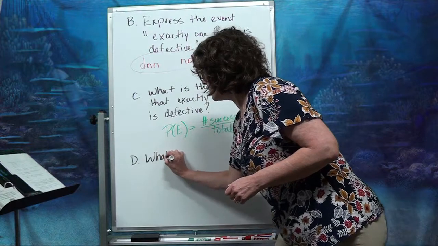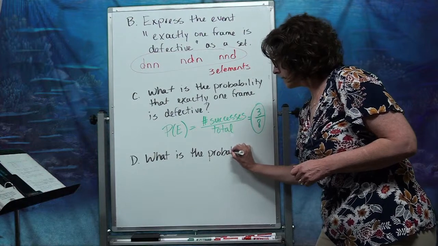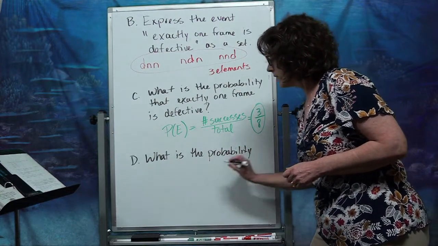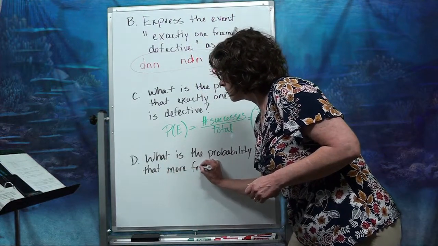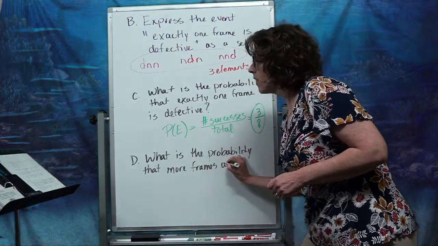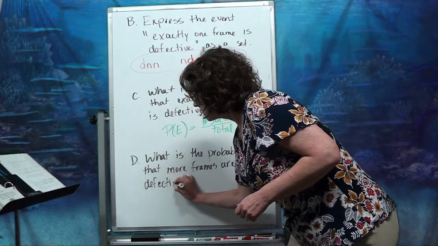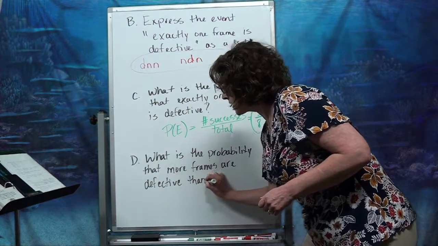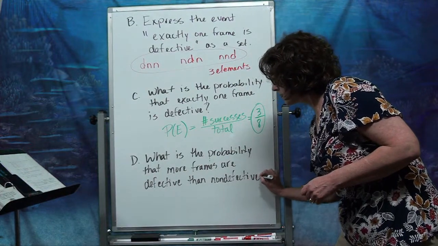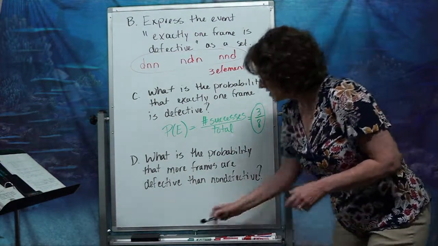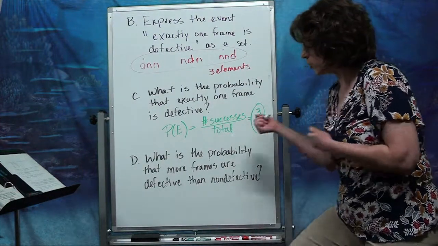What is the probability that more frames are defective than not defective or non-defective? Well, recall that the definition of probability says that it's going to be the number of successes over total.